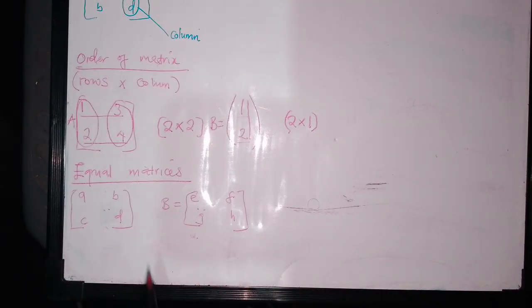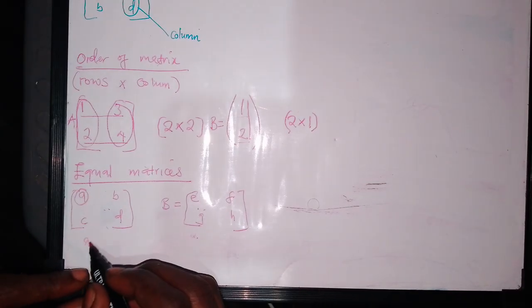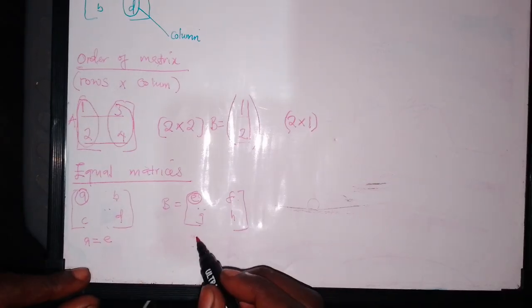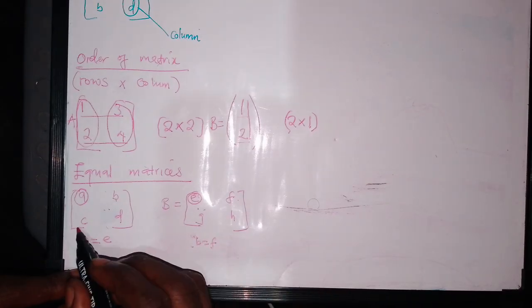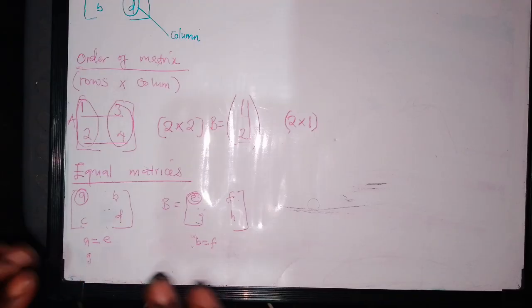When matrices are equal, it means A is equal to E, B is equal to F, and C is equal to G, just like that.